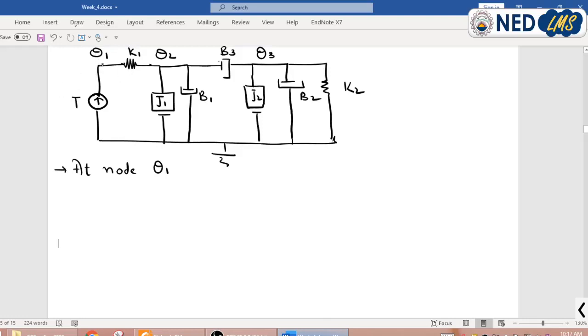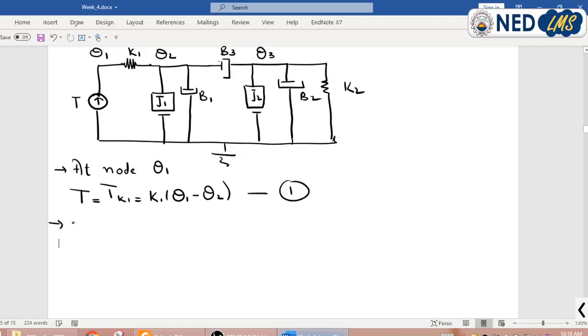This is input torque at theta 1 and this is basically the reactive torque. So this is my input torque T and this is my reactive torque T K1, which is equal to K1 (theta 1 minus theta 2). I will say that this is my equation number 1.